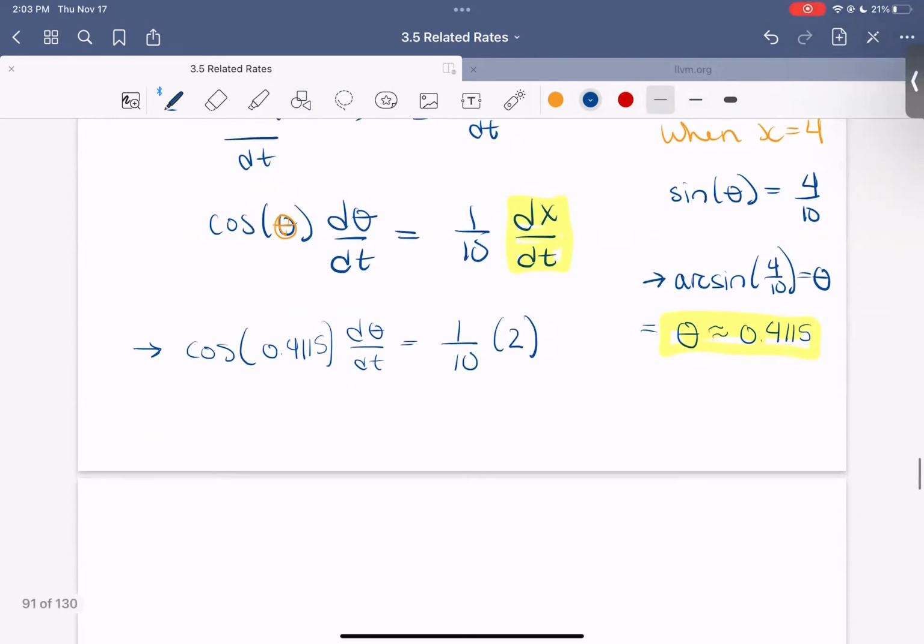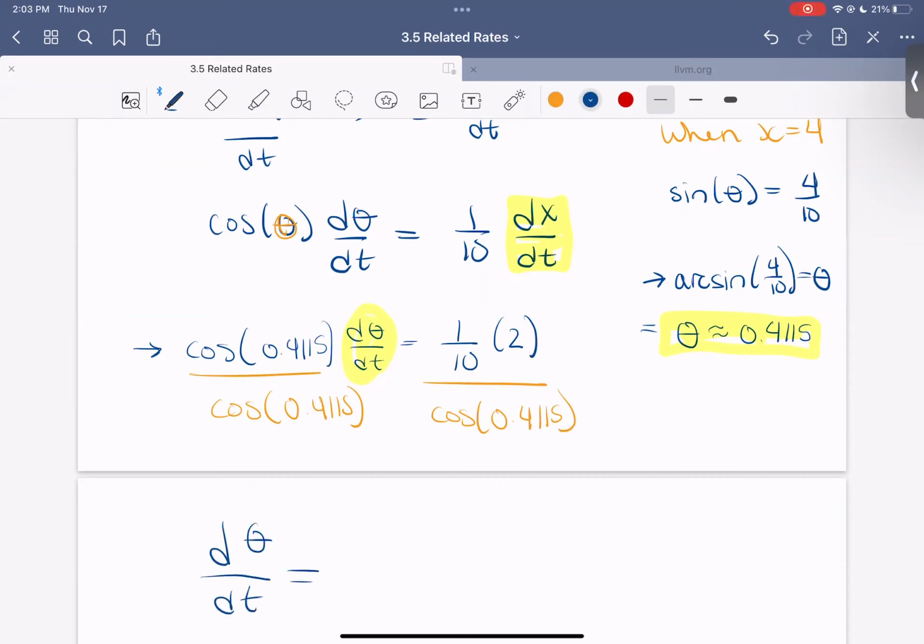Now we just need to solve for our unknown d theta/dt. To do that, we divide both sides by cosine of 0.4115. Now we get that the derivative of theta with respect to t, or how that angle changes with time, is 2 over 5 all over cosine 0.4115. We can consult our calculator and we get that our answer is about 0.22 radians per second.